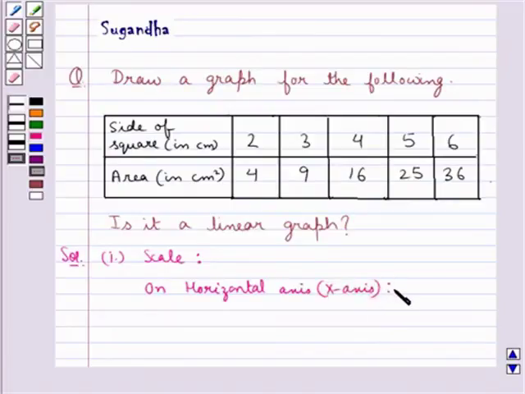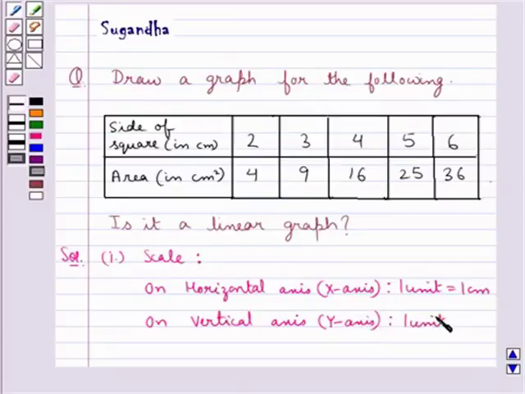The scale would be 1 unit equal to 1 centimeter, and on vertical axis, that is y-axis, the scale would be 1 unit equal to 4 centimeters square.